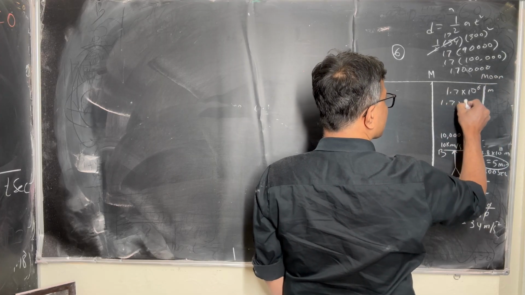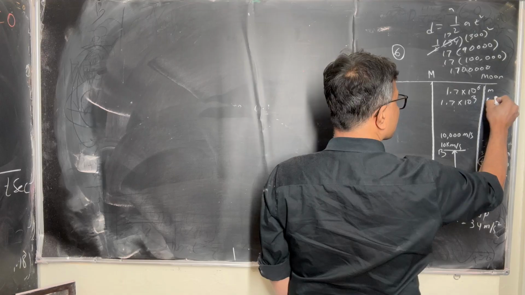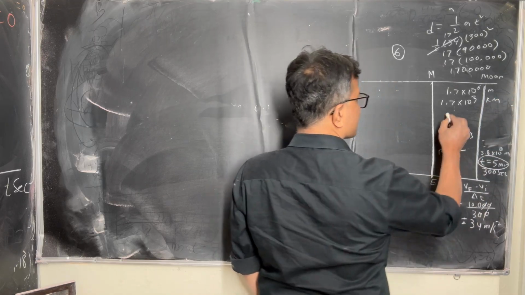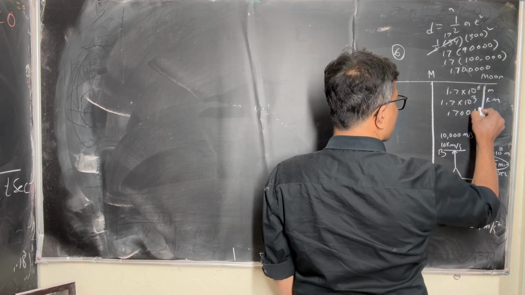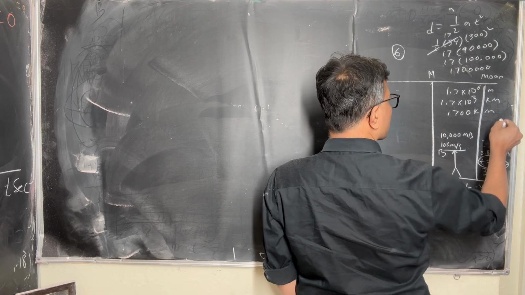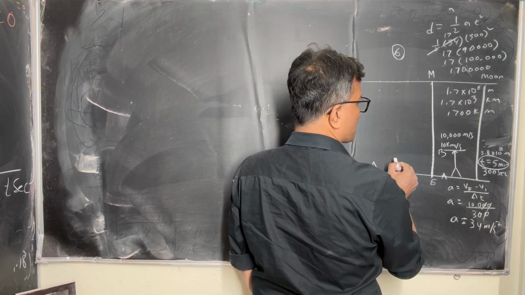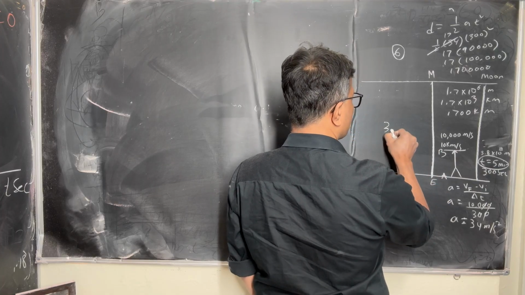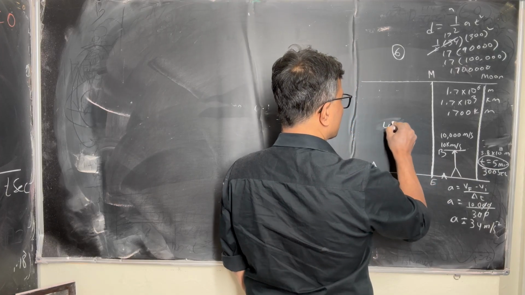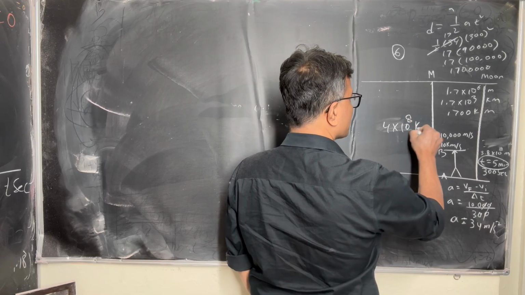So 1.7 times 10 raised to 3 kilometers. So 1700 kilometers. 1700 kilometers is nothing compared to the distance from the Earth to Moon, which is about 4 times 10 raised to 5 kilometers.